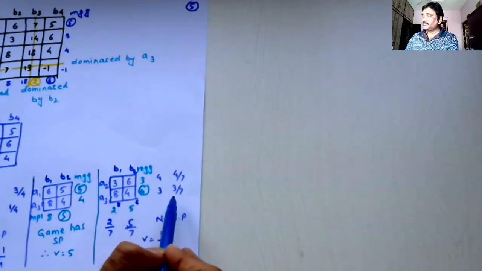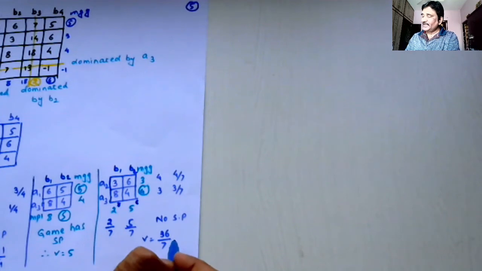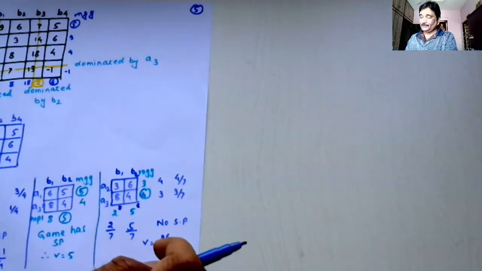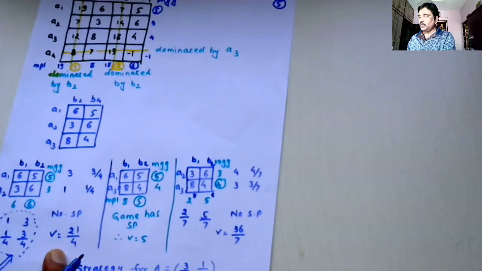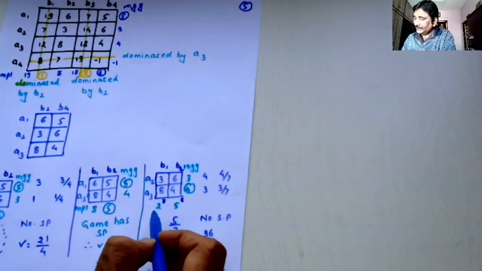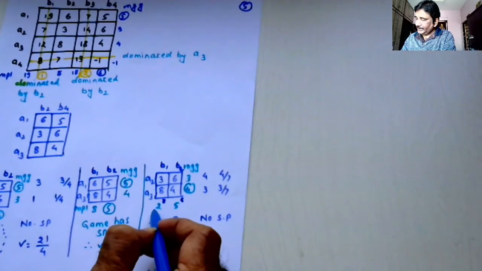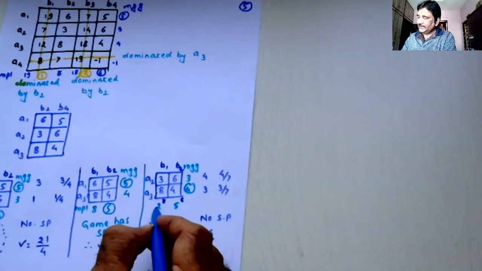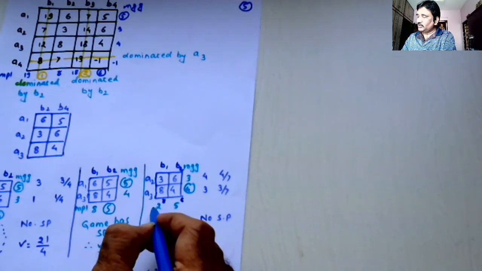How? 6 into 4 is 24 by 7 plus 4 into 3 is 12 by 7. 24 plus 12, 36 by 7. This is 5 plus 1 by 7. Okay, here you should not have hurried to find the proportions of courses of action B1, B2.